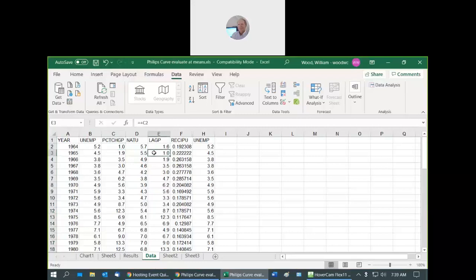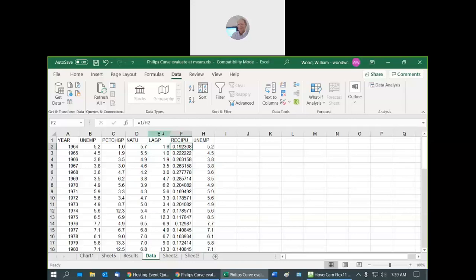You just took the previous year's value and shifted this down one column, and by the way, I went back and looked up the 1963 value so that I wouldn't have to have a blank spot right there. And now we've got that lagged inflation variable that we can use in there. There's a little inconsistency in the labeling of the data here, but it is what it is.